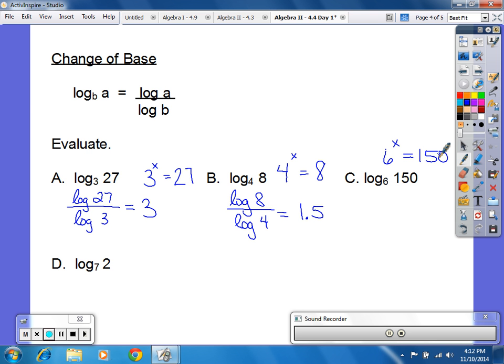Checking it out on my calculator, I would type the log of 150 divided by the log of 6, and we do get this equal to 2.796. So like we said, it's somewhere between 2 and 3. Okay? Go ahead and figure out letter D and then come check with me and see if you got the right answer.